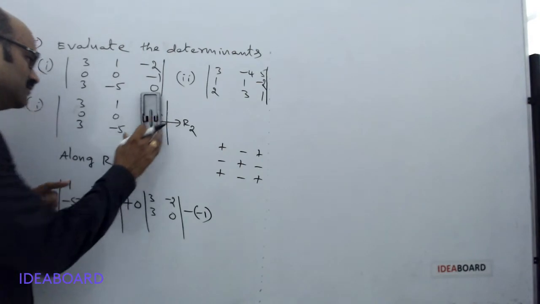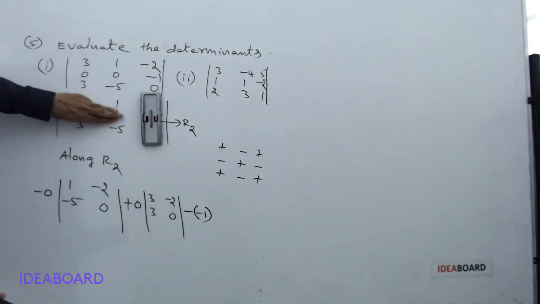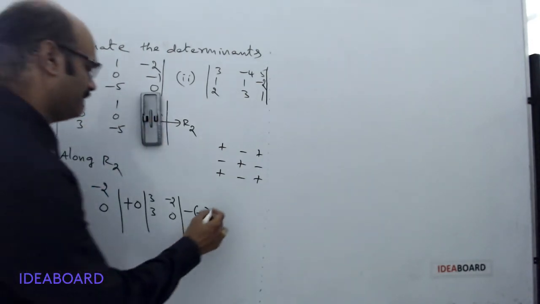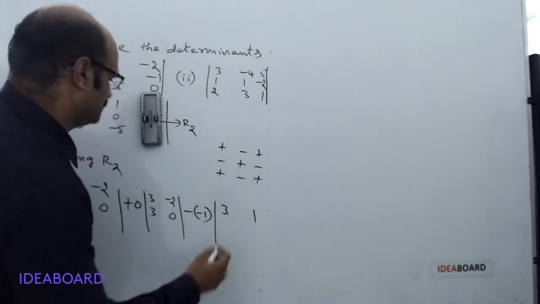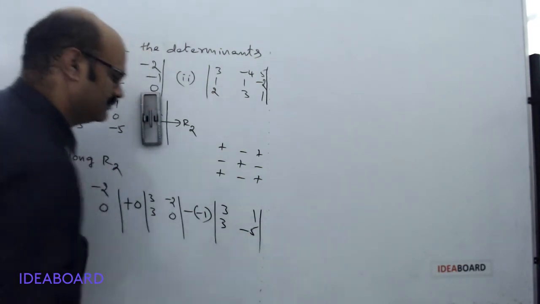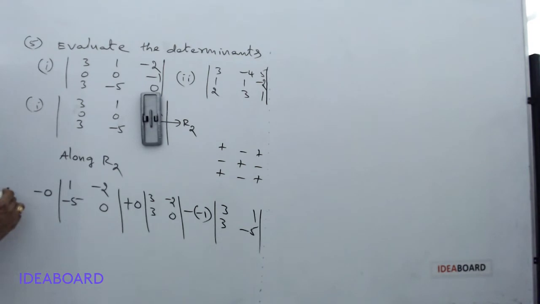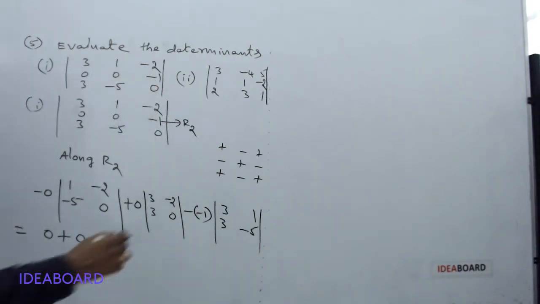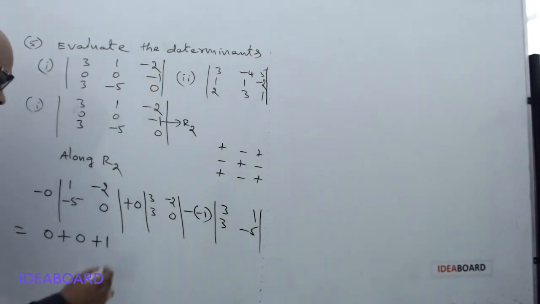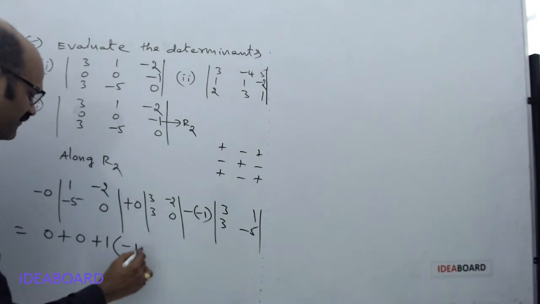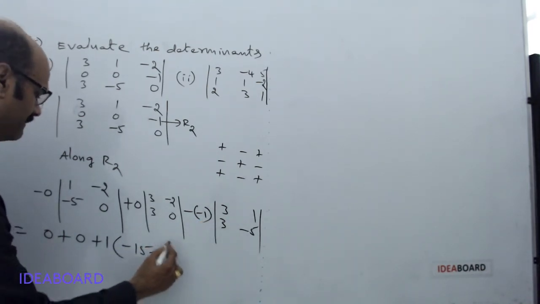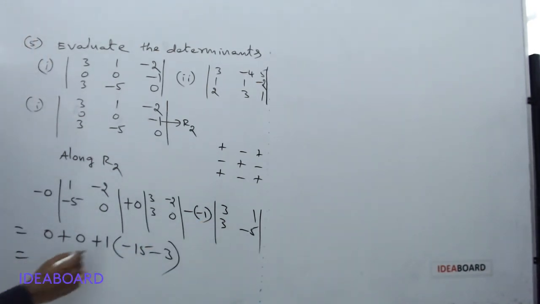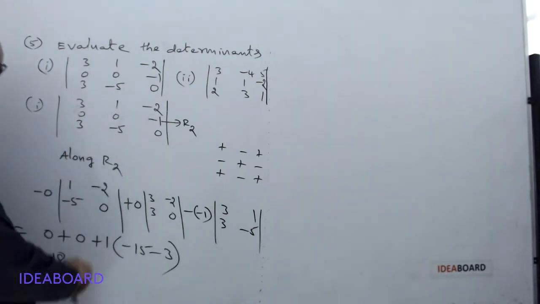Close the third column, close the second row. Then the elements are we are having 3 1, 3 minus 5, equal to 0 into anything 0 plus 0 into anything 0. So equal to we are having minus of minus 1 plus 1 into minus 15 minus 3 equal to minus 18. So the value of this one equal to minus 18.